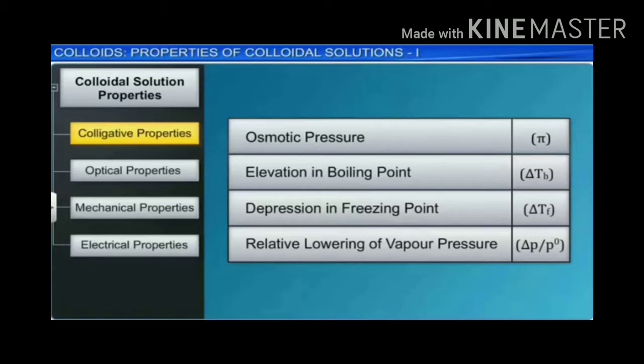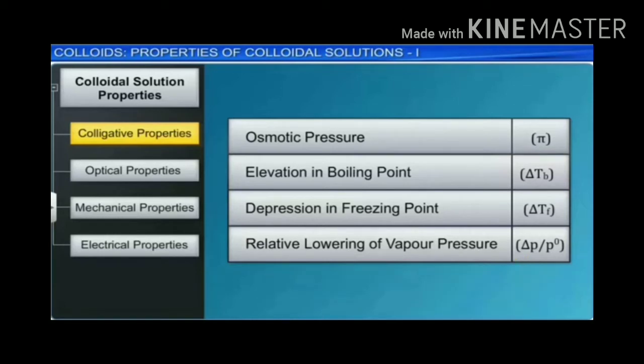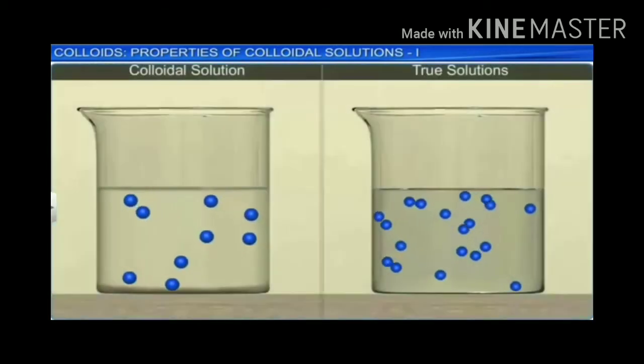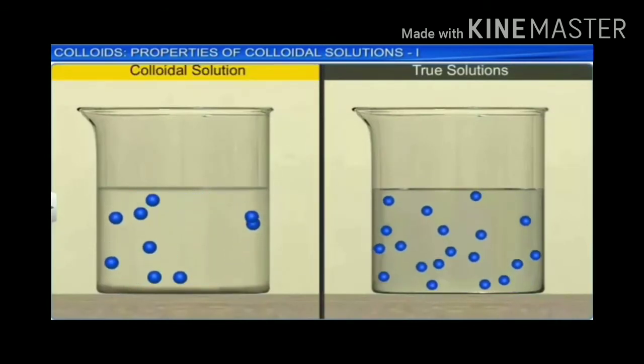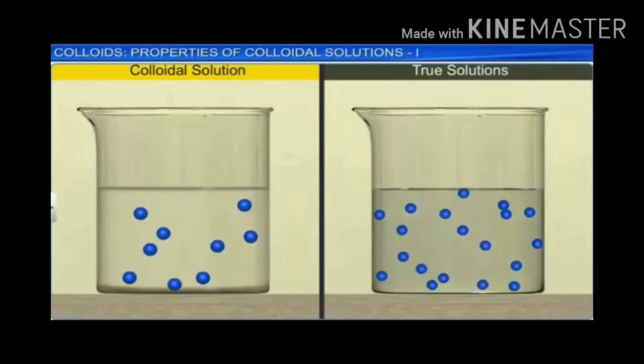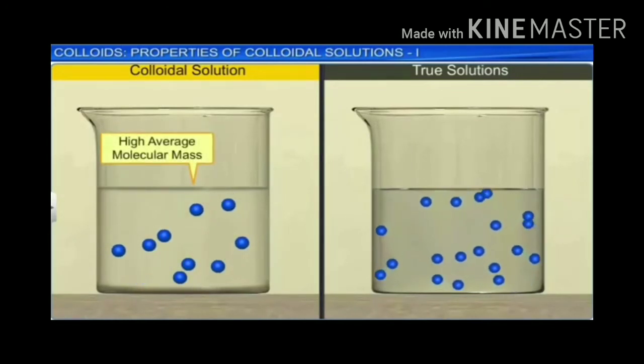However, the magnitudes of these properties for colloidal solutions are much smaller than those obtained for true solutions, and thus it becomes very difficult to measure them accurately. This is because colloidal particles, being bigger aggregates, have very high average molecular masses.